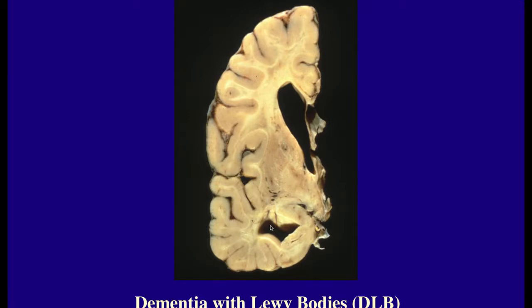The sites of selective vulnerability are slightly different, but extensively overlapping with Alzheimer's disease. In particular, we're going to look for involvement in the cerebral cortex, particularly in the cingulate gyrus, which is this gyrus which sits right above the corpus callosum.